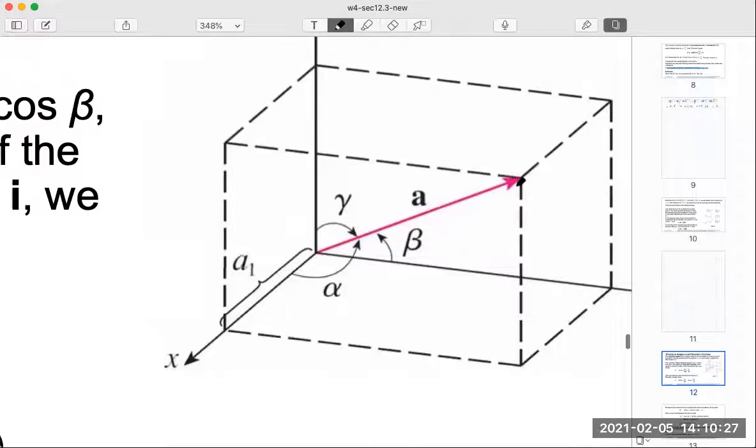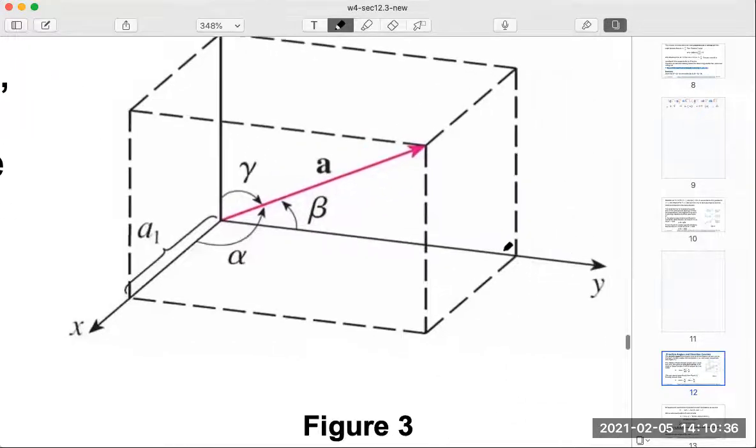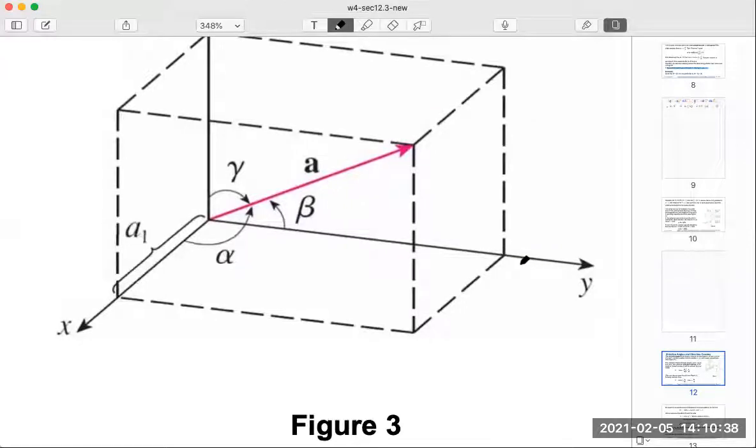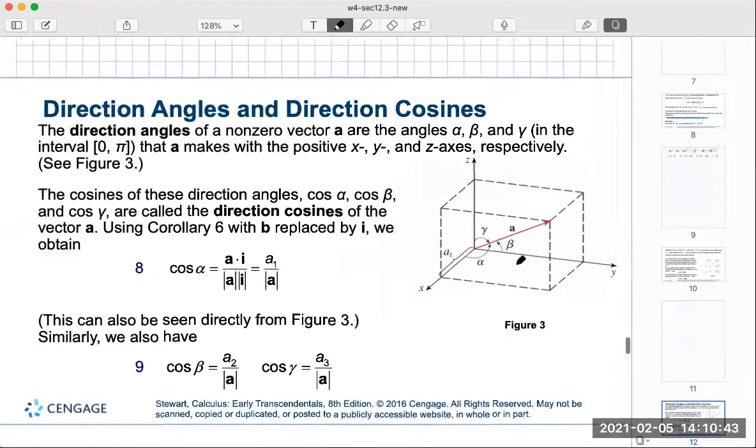The angle between A and OZ, we call gamma. And the angle between vector A and OY axis, we call beta. Suppose these angles are between 0 and pi over 2.